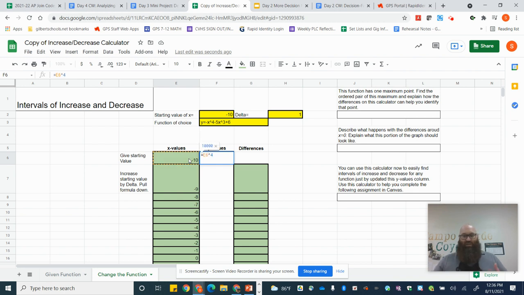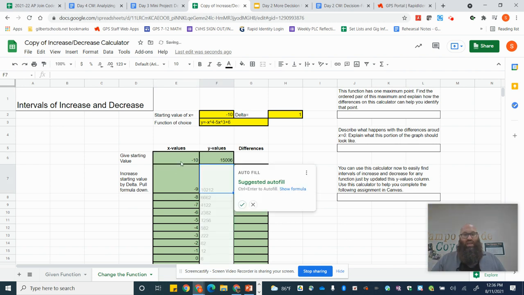Again, up caret will give me the exponent. And then minus 5 times x to the third. So notice again the importance of using the asterisk for multiplication, and then plus 6. Okay, so everywhere there was initially an x, I chose this value. If I hit enter, it updates that formula.